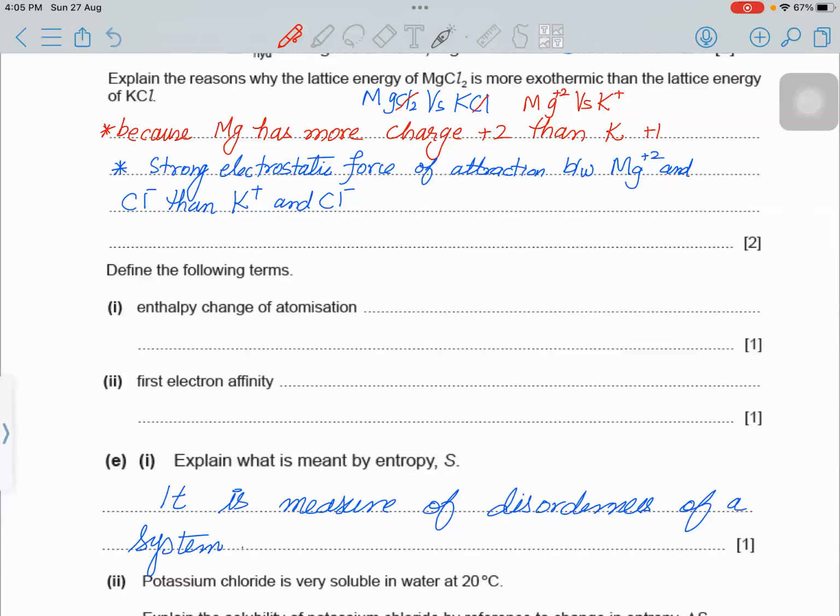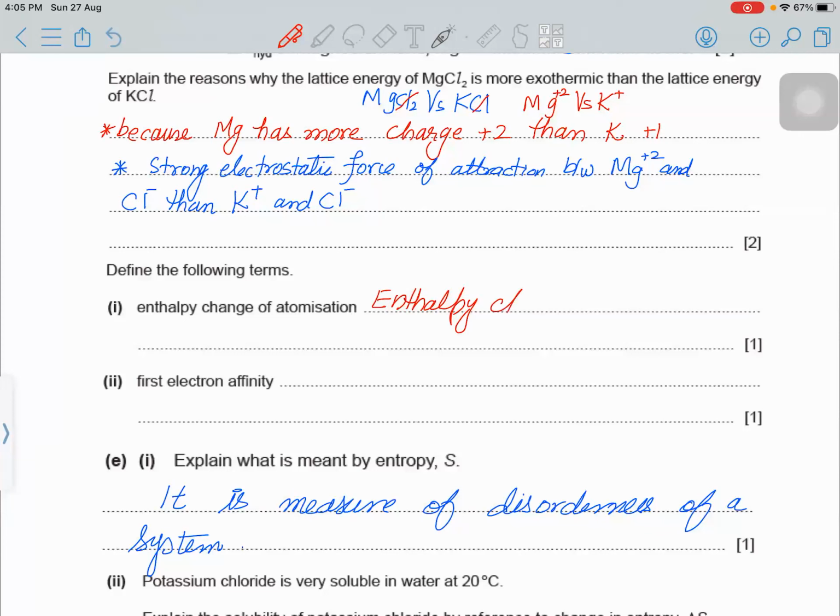Now define the following term. Enthalpy change of atomization. Enthalpy change when 1 mole of gaseous atoms is formed from the element under standard conditions. No need to say standard, because there is no standard enthalpy change of atomization.